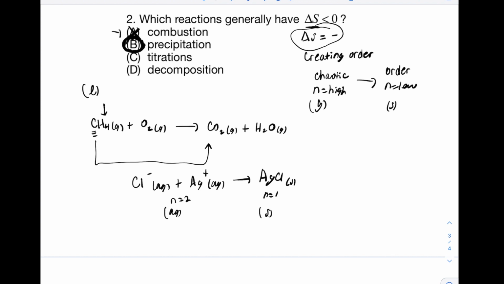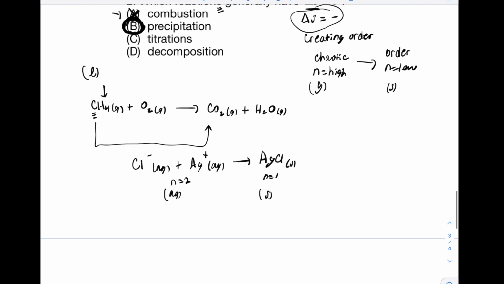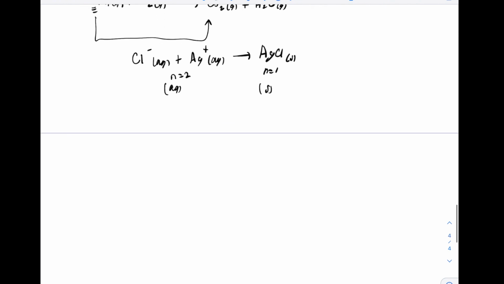Now this question says which reactions. So it could be one answer, it could be two or three. So let's think about the other possibilities. How about a titration? In a titration reaction, you've got a reaction where you have hydroxide from a base, and you have acid.